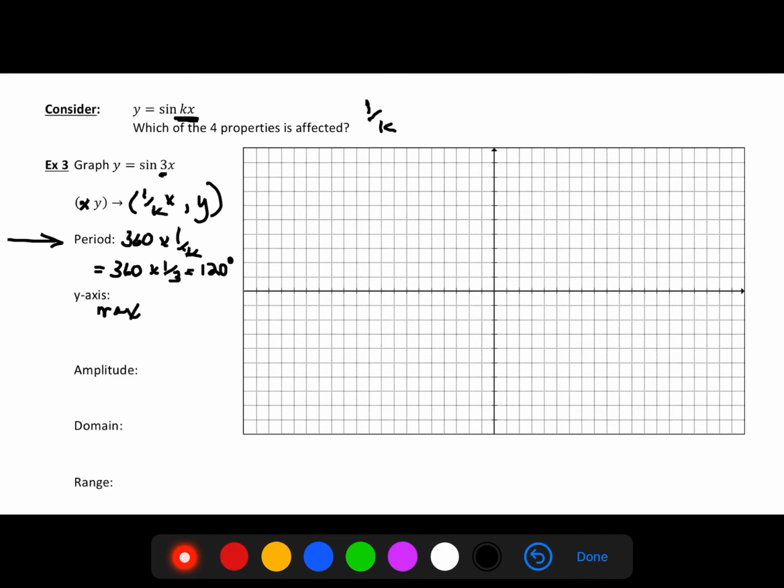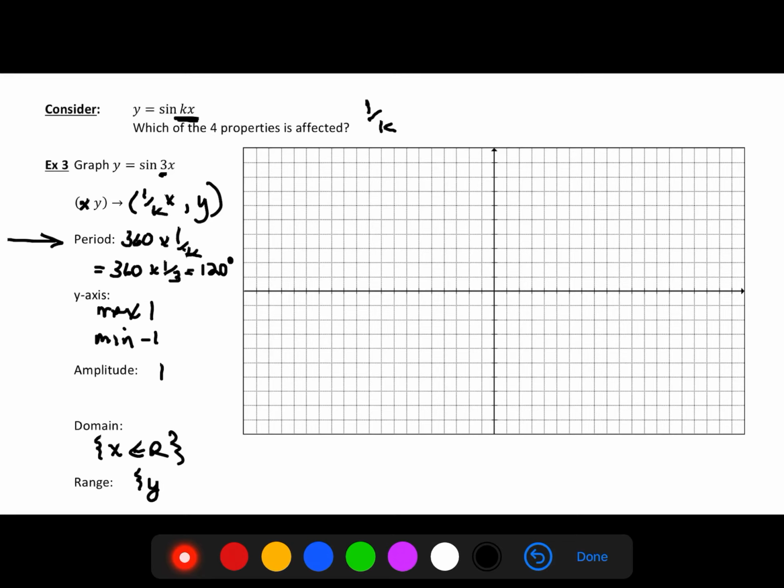Our x-axis, we still have a maximum of 1, a minimum of -1. Our amplitude doesn't change. Our domain, again, for the entire function, doesn't change. It's still x can be any real number. But if we're talking about one cycle of that, that would be altered.